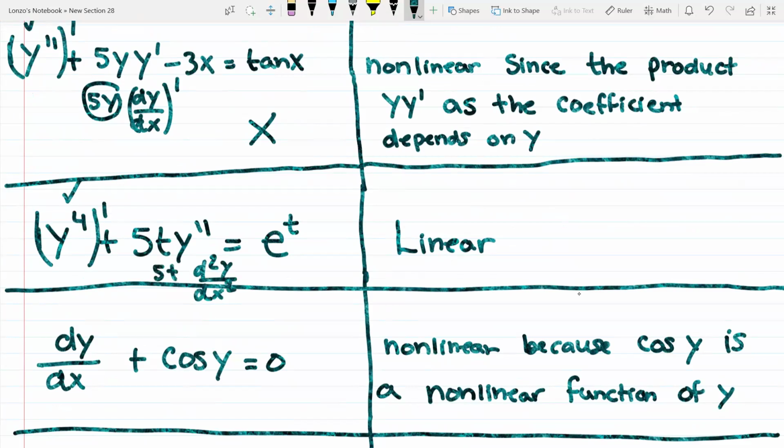So this y double prime is to the power of 1, so that makes it linear. And then the coefficient is 5t. As long as it's not the same letter as the top, it has a t and doesn't have a y, so you're fine. The same thing with here. This is a constant, so that's fine. That's linear.